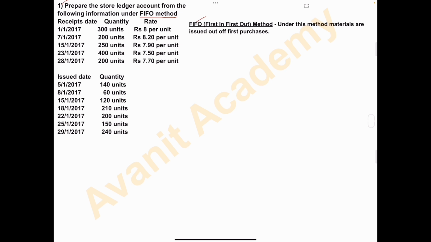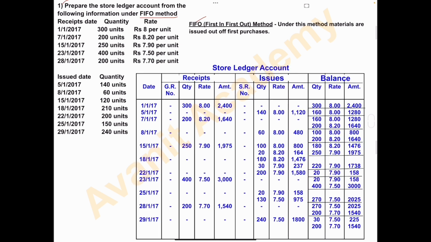Let's solve the problem. Store ledger account, and the columns are date, receipts, in that GR number, quantity, rate, amount. Next is issues, in that SR number, quantity, rate, amount. And the last column is balance, in that quantity, rate, amount.